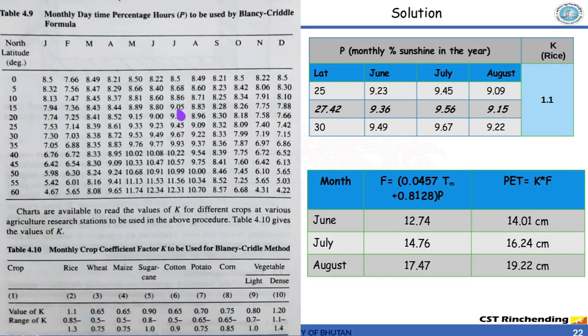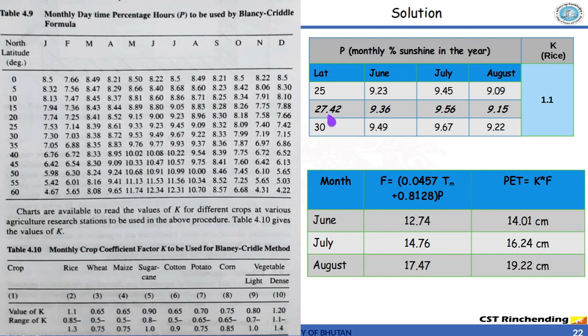So with this, just like in the previous example, I have already interpolated the value for June, July and August. This value is coming from the table. As you can notice, the value for 30 is available, the value for 25 is available, and 27.42 is not available. For this, we have to use the linear interpolation technique, which we have discussed in the previous lecture.